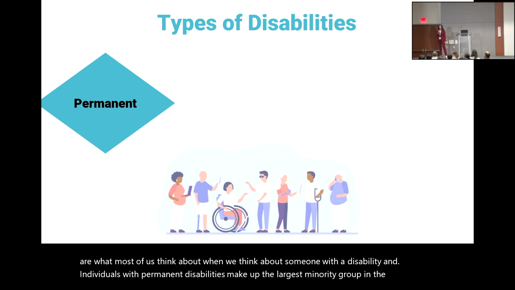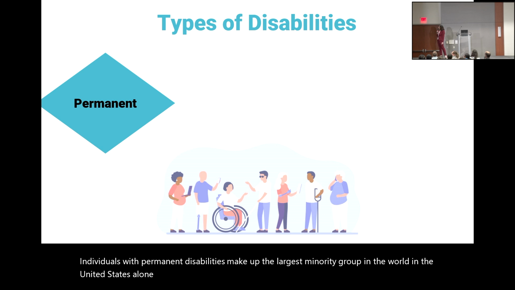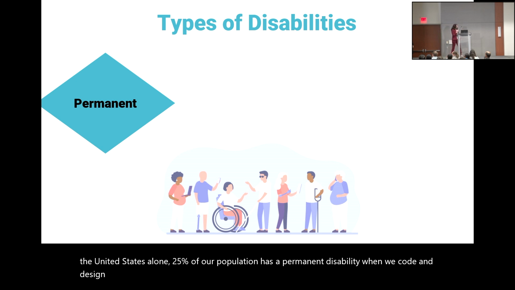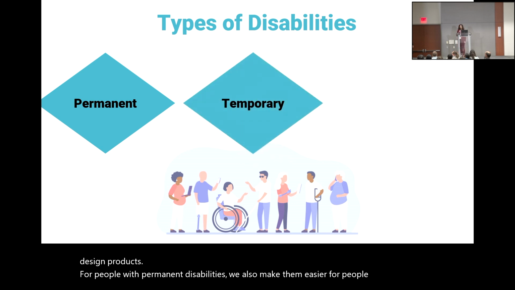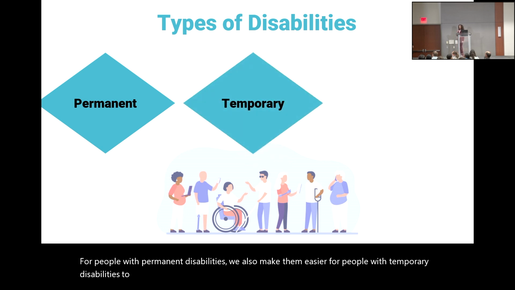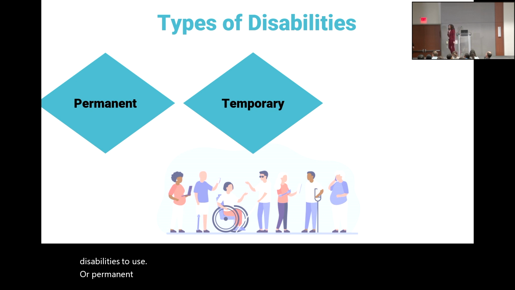In the United States alone, 25% of our population has a permanent disability. When we code and design products for people with permanent disabilities, we also make them easier for people with temporary disabilities to use.